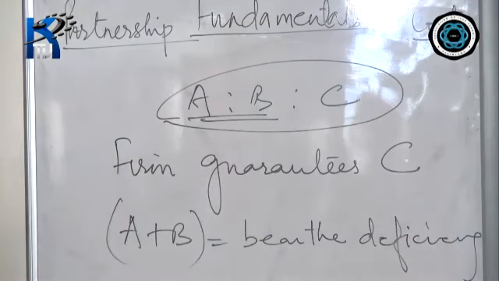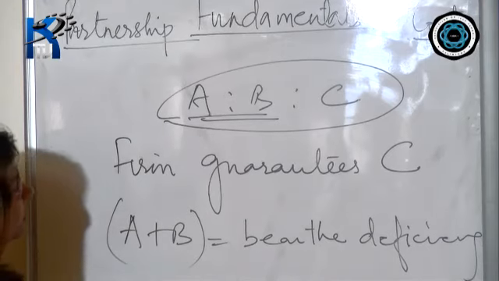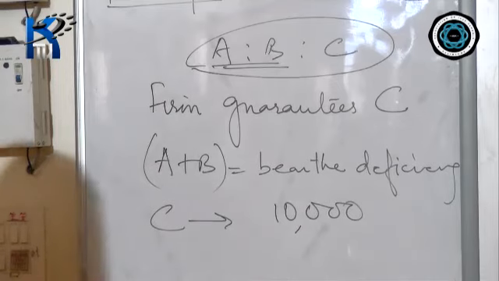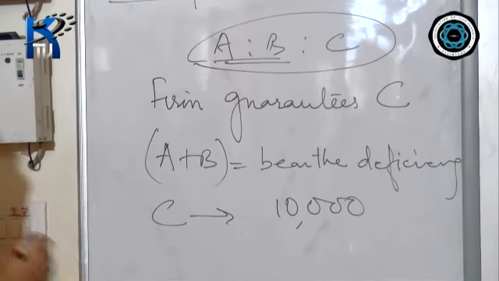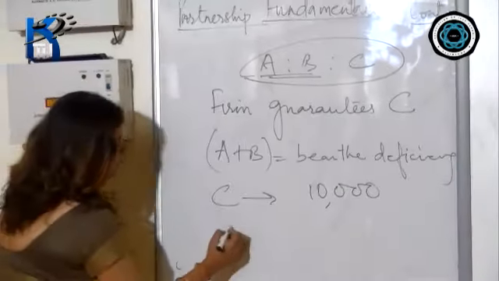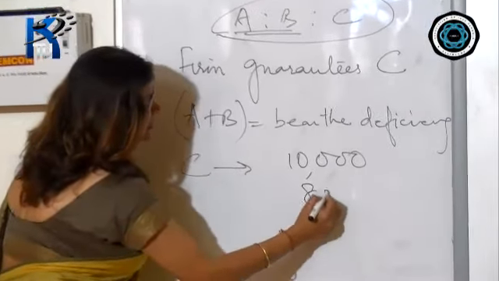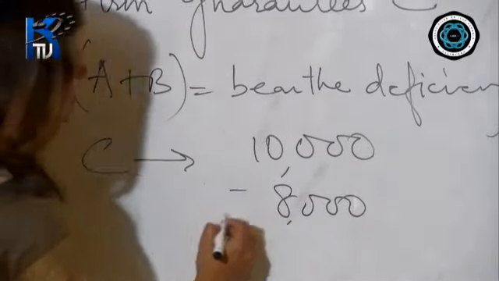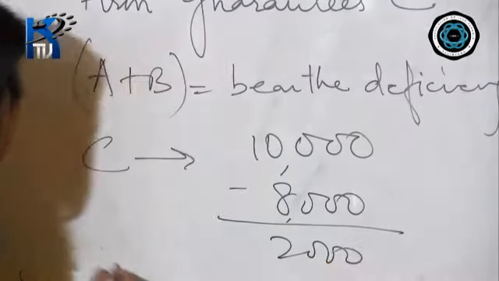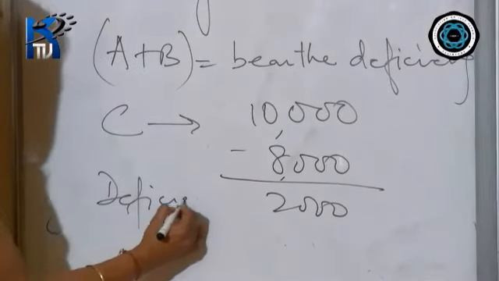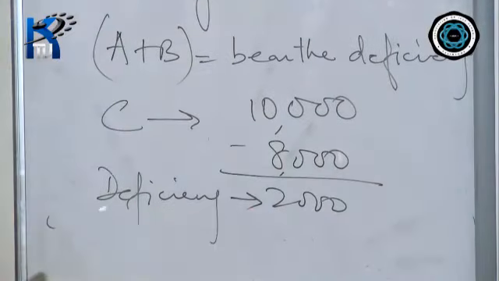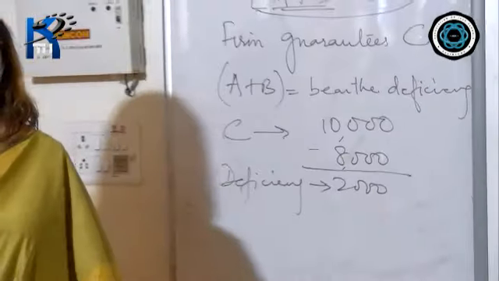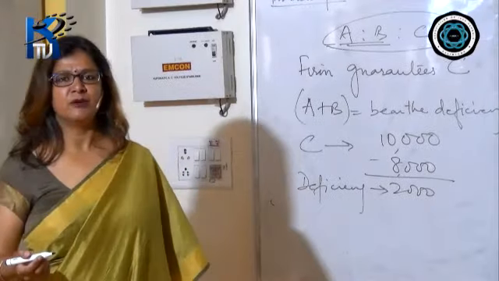Now, for example, C had been guaranteed a minimum of 10,000. C was guaranteed a minimum profit of 10,000, and after all calculations, the profit that C is now getting comes out to 8,000. So what is the deficiency? The deficiency is 2,000. Now, who is supposed to bear the deficiency? Both the partners will bear the deficiency in their profit sharing ratio if nothing is mentioned in the question.